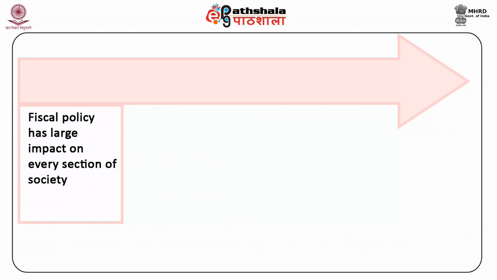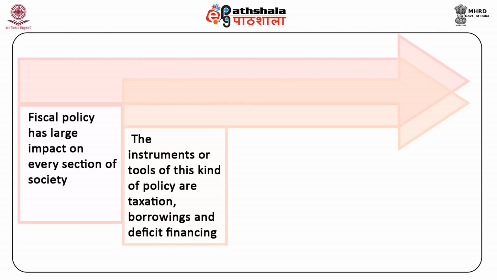Fiscal policy has a large impact on every section of society. From poor to rich, everyone is affected by such a policy. The instruments or tools of this kind of policy are taxation, borrowings and deficit financing. Though there are gaps in India's fiscal policy, there is also an urgent need for making India's fiscal policy a rationalized and growth-oriented one.